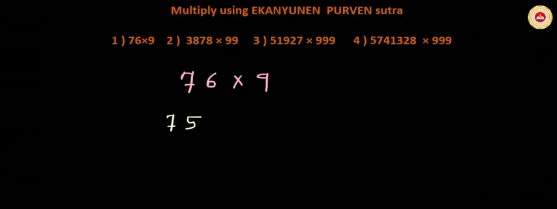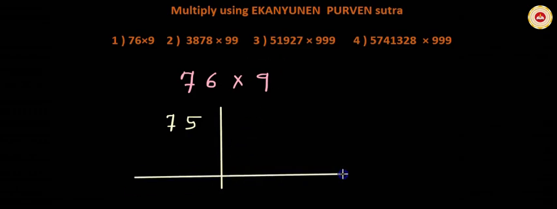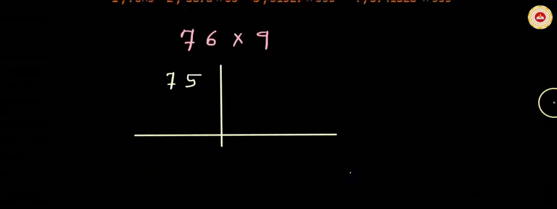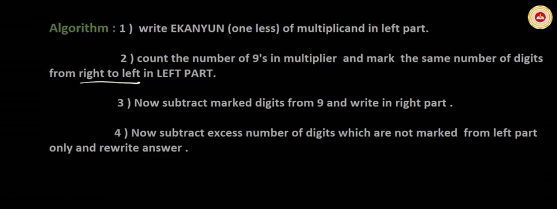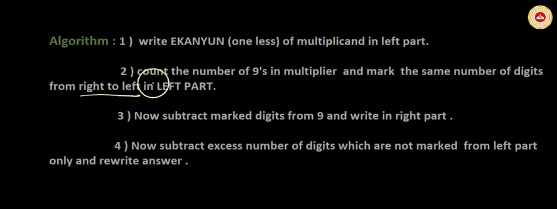75. Now draw a vertical line to separate the right part and the left part. Yes. Now what is the second step? The second step is to count the number of 9s in the multiplier and mark the same number of digits from right to left in the left part.